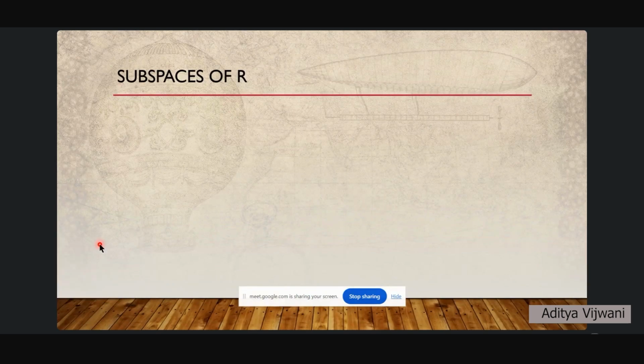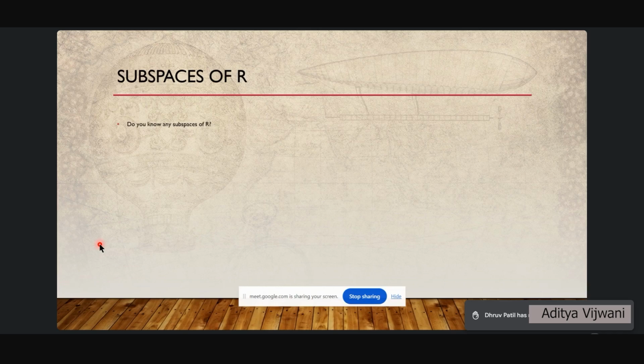So let us start with the subspaces of R. While starting, let me know if you know any of the subspaces of R. Do you know any subspaces of R? Zero.